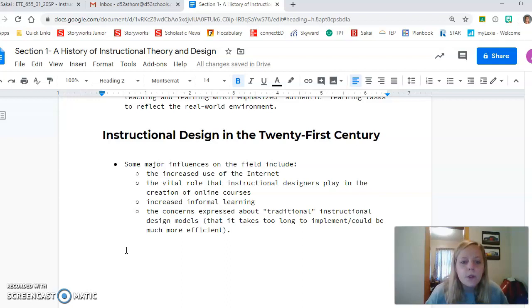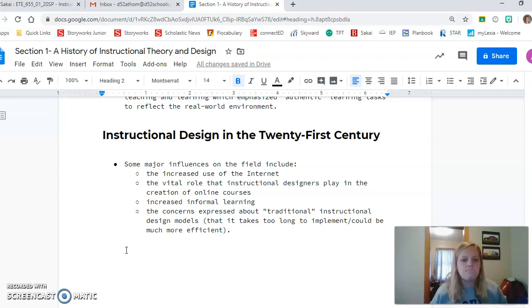There's been increased informal learning, and we're looking at how the traditional instructional design models might not be so useful today. They might take too long to implement, and we could be a lot more efficient.